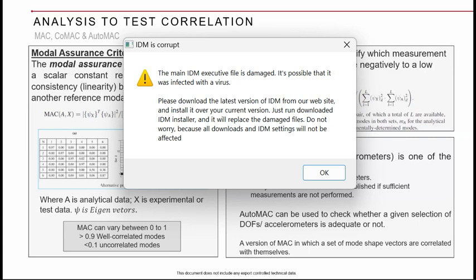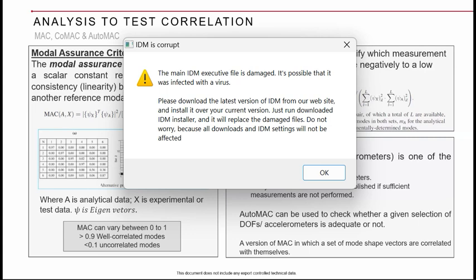So that mode shape is compared for MAC, whereas here at each accelerometer, that means at each coordinate, when we say it is a degree of freedom, at each coordinate or at each degree of freedom, it will try to figure out what is the correlation. So MAC is going to give us a mode shape correlation, whereas COMAC is going to give you correlation at each degree of freedom, means at each accelerometer location. What is the level of correlation? So why this COMAC is required, we'll see in the next slides.